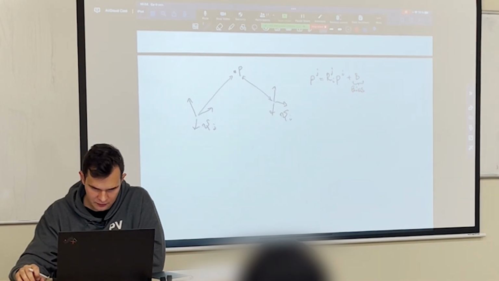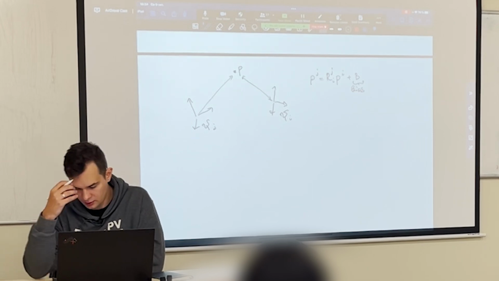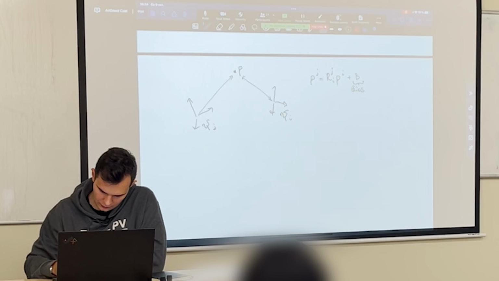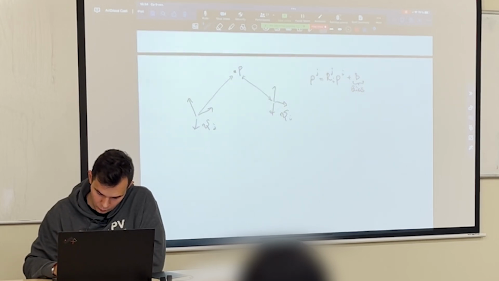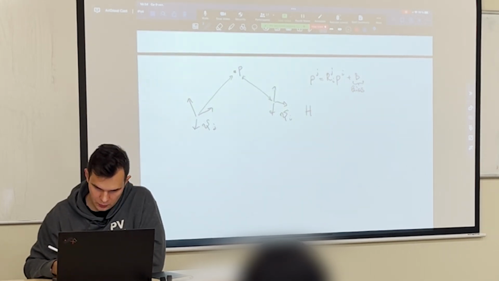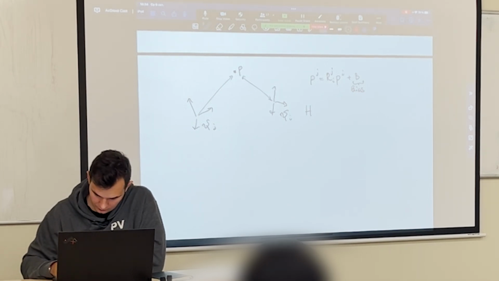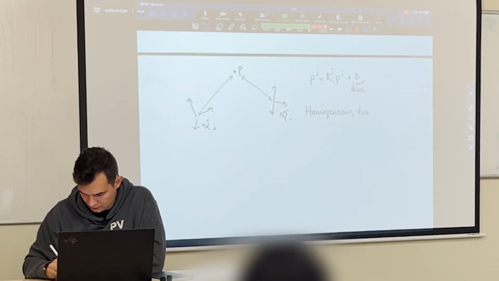Finally, the way we write it down is with something called a homogeneous transformation matrix.